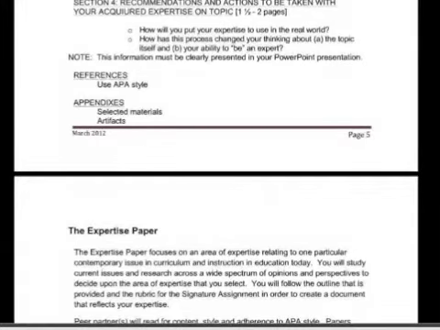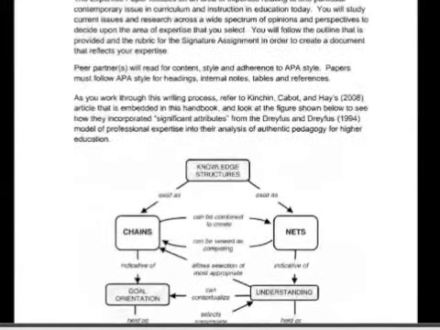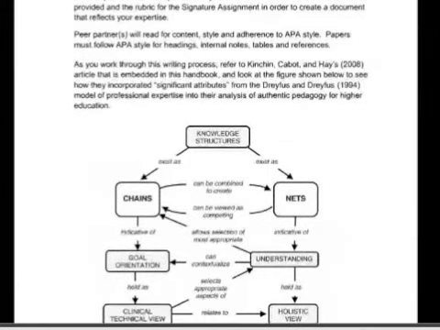Through this process, after you submit the outline, you are going to work with a peer partner, and you will read one another's work for content, style, and adherence to AP style. And sometimes when we're reading another person's work, we don't want to give them honest feedback. We want to just tell them, this is great. I think the instructor is going to love this. What we ask that you do is that you truly do this as a peer.